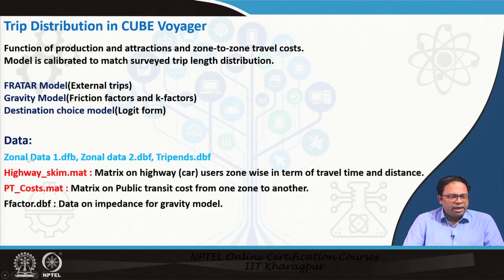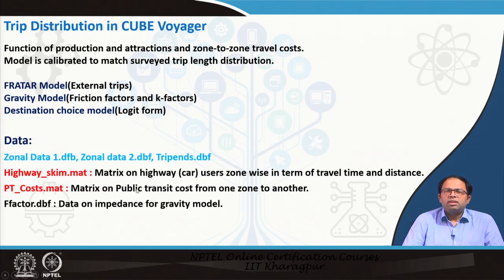So, the entry data, zonal data 1 and zonal data 2, are the same as earlier. Then we also have the tripends DBF, which was generated in the previous step, and the new data required is the highway skim matrices and the PT cost matrices. The highway matrices give us the metrics on highway users, or basically car users, zone wise in terms of travel time and distance, and the PT cost matrices give us metrics on public transit cost from one zone to another.